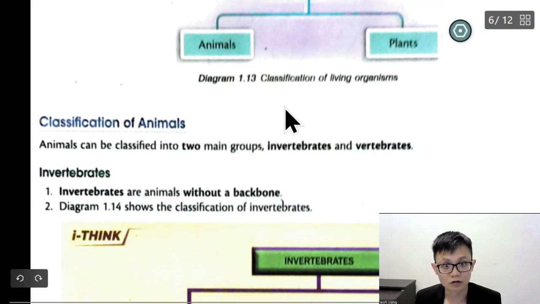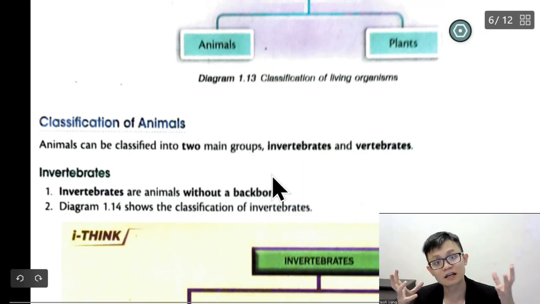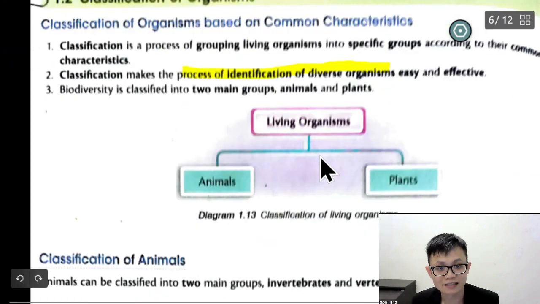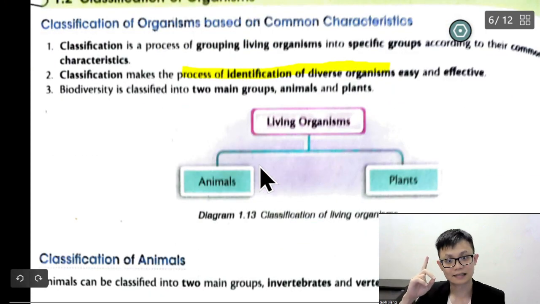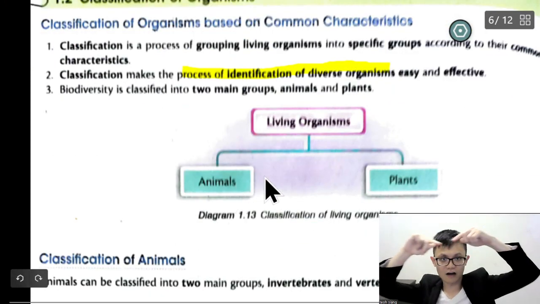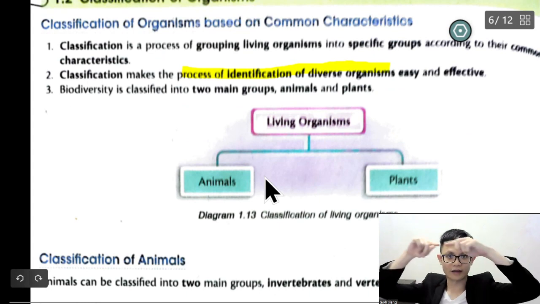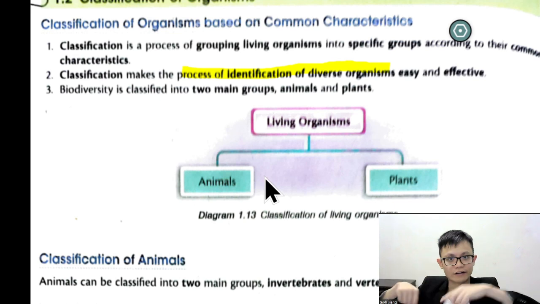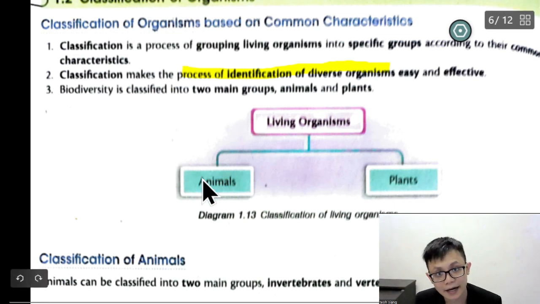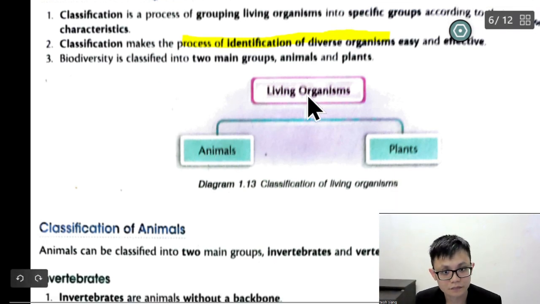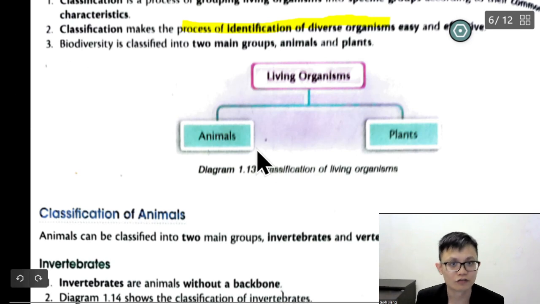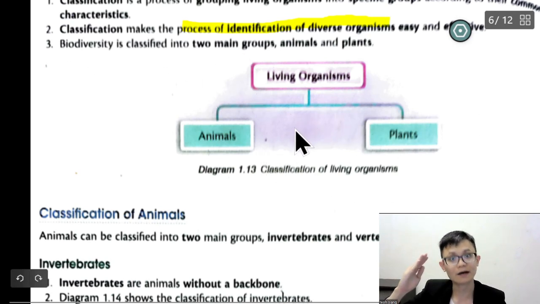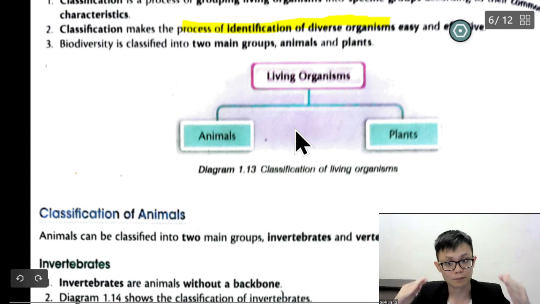So we want to learn in general terms how people usually classify these. It's actually a very long chain, a very long web going down. But if you want to draw it, the first chain is that living organisms are divided into two: one is animal, another one is plant.